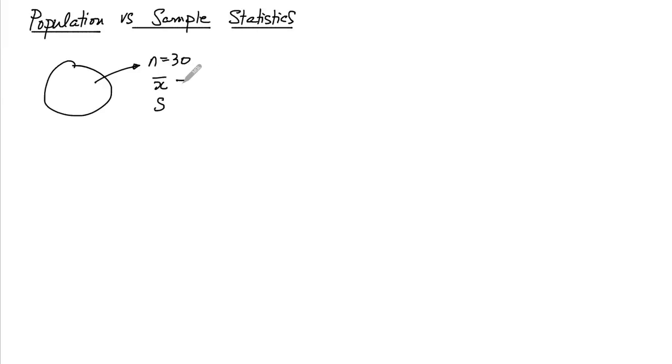The sample mean was computed as the sum of the heights of every male in our sample divided by n, and the sample standard deviation was calculated as the sum of all the deviances, so xi minus x bar squared, divided by n minus 1, and we had taken the square root of all of this.